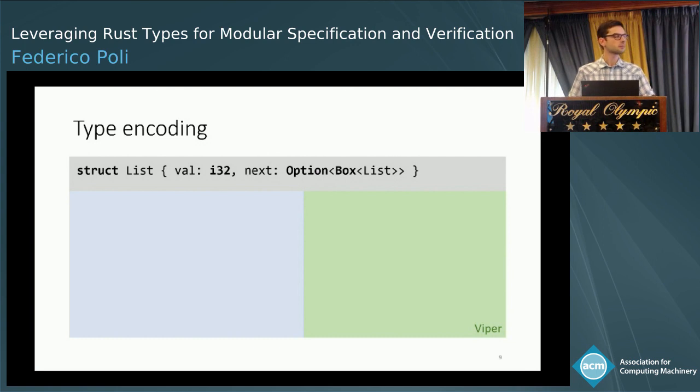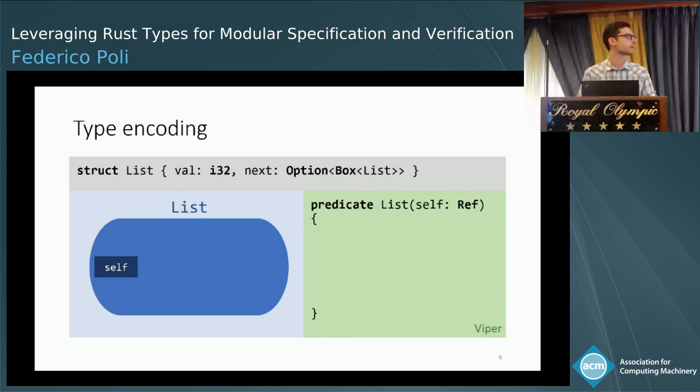So, in Rust, when you have ownership of the list, meaning when you can modify the list, you can also modify recursively all the fields that are reachable, all the fields that are defined in this list. So we reflect this in Viper by defining a predicate list, which contains two fields, a value and the next pointer.